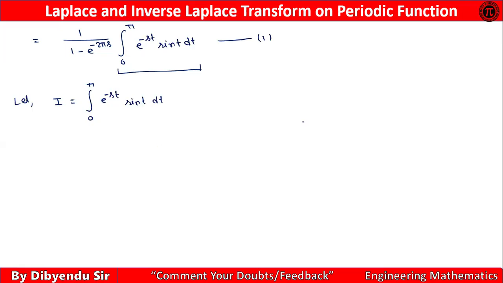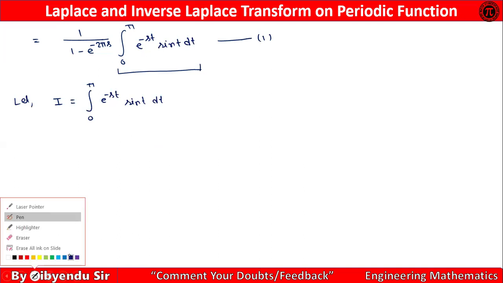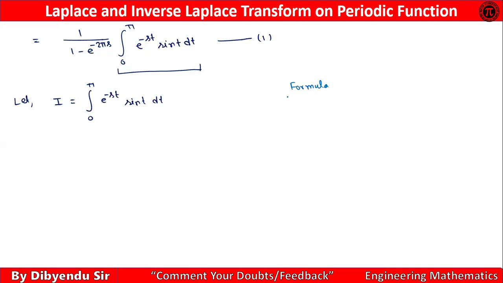We have a formula: the integration of e to the power ax sine bx dx is equal to e to the power ax divided by a square plus b square, into a sine bx minus b cos bx.